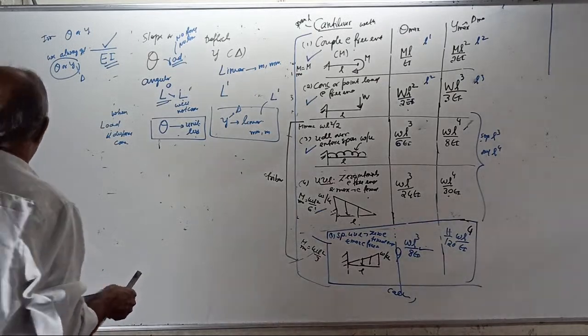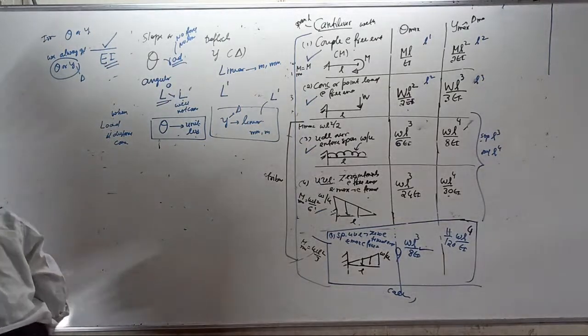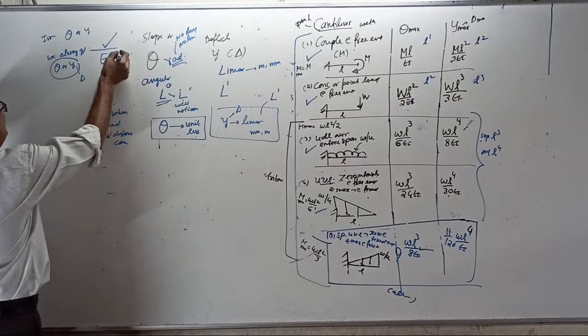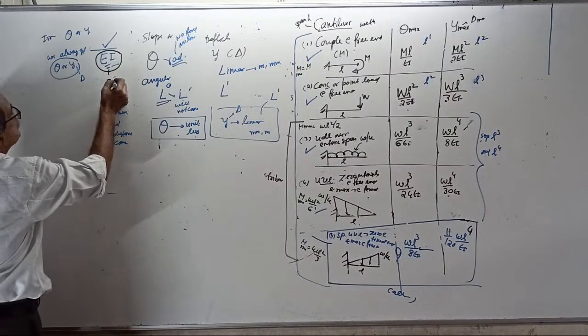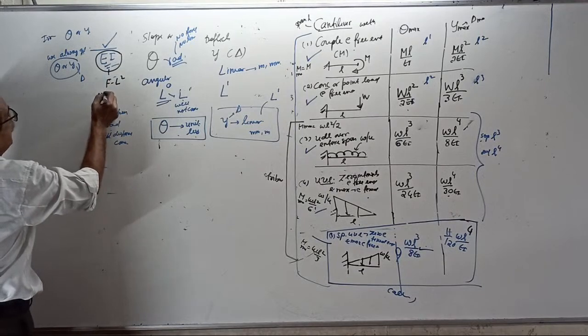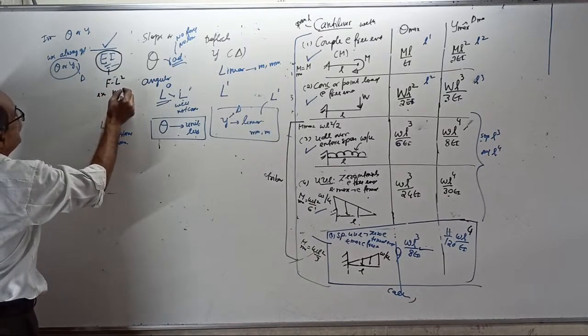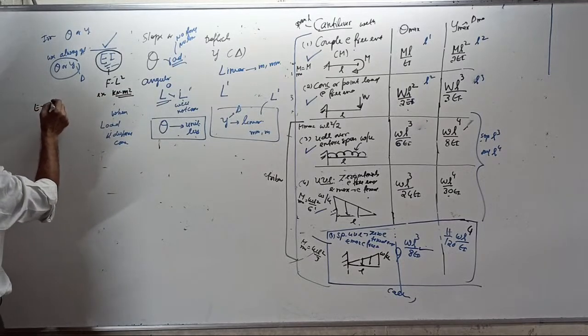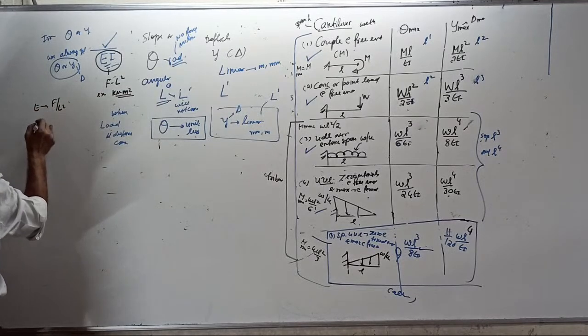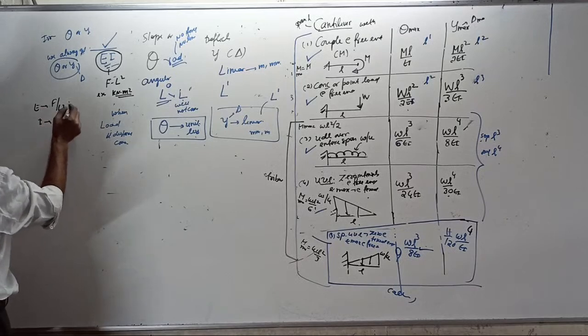Okay. Now, when something by EI comes, you know one thing. EI is always FL square. Example, kilonewton meter square. Why? Because E is force per distance square, I is L power 4.